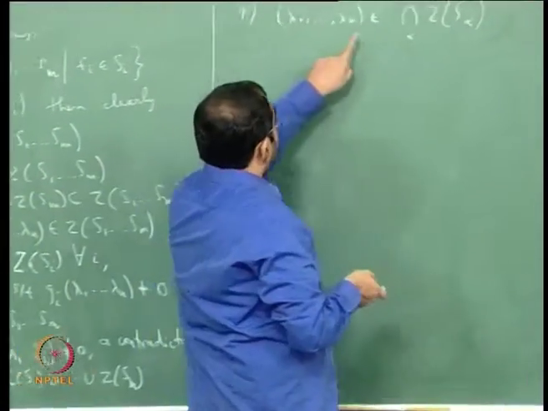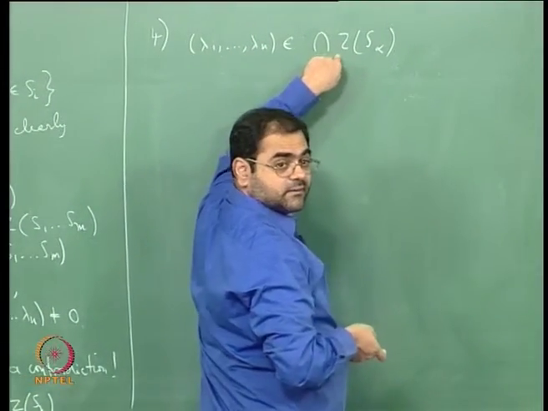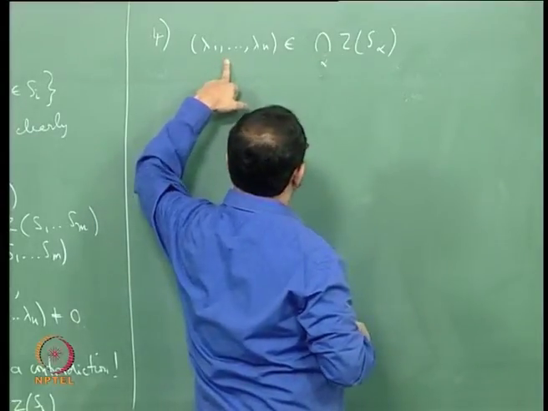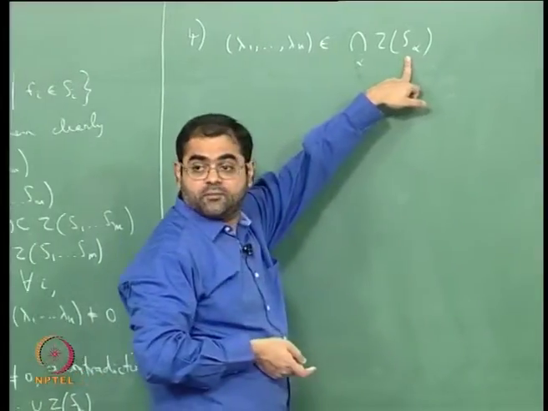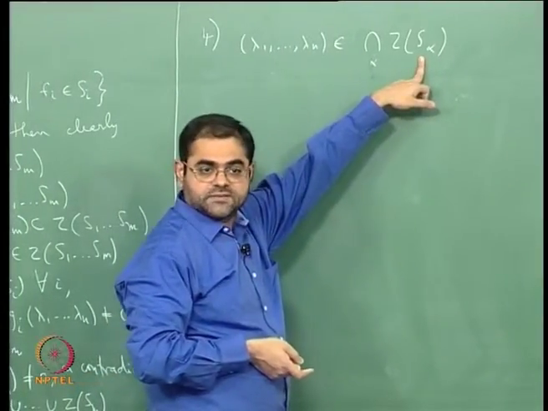So if there is a point in this, that means this point vanishes on every polynomial in each of the S alphas.